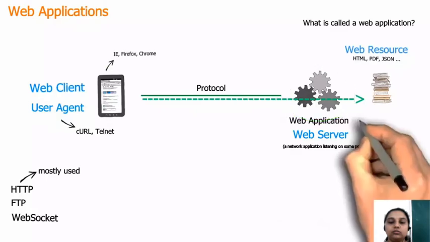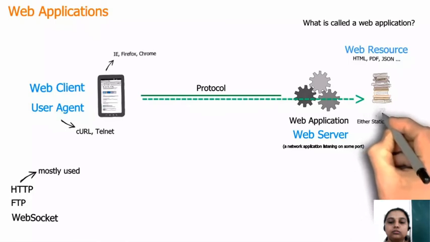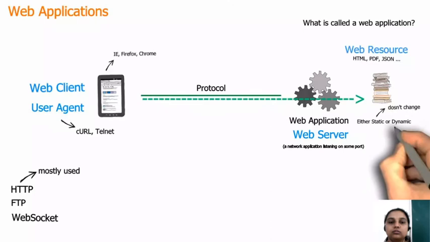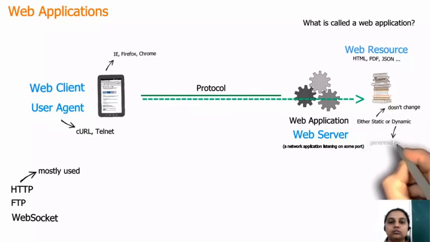A resource could be either static or dynamic. A resource which does not change is called a static resource. That means it's like some static file sitting on the web server's hard disk, or somewhere the web server has access to. When a request for a resource comes from a web client, the web server passes that resource to the web client straight. In contrast, a dynamic resource is generated on the fly.